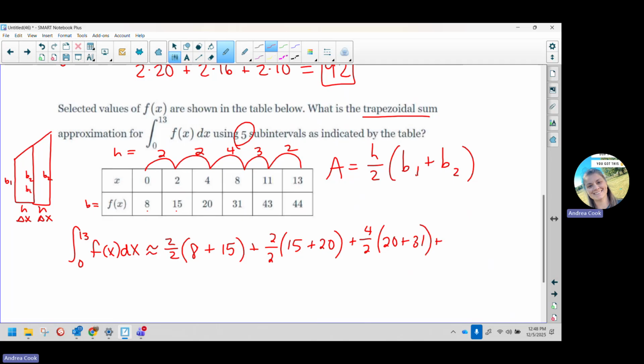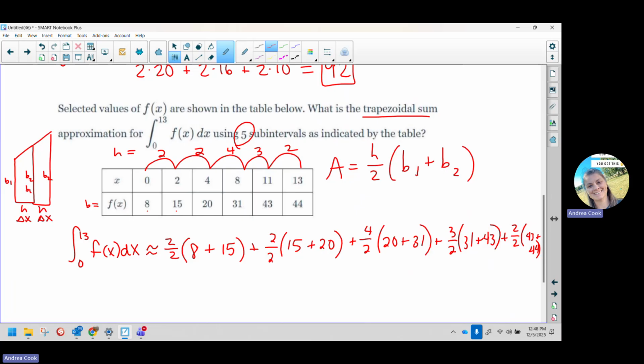Next trapezoid, height of 3 over 2. Base 1 is 31 plus 43. And our last trapezoid is 2 over 2. 43 plus, I ran out of room, 44.